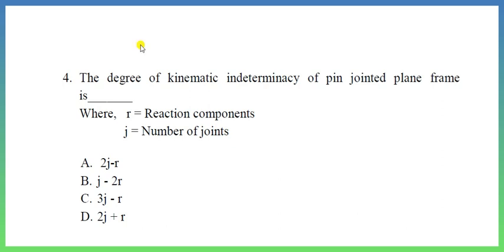Next one, the degree of kinematic indeterminacy of a pin jointed plane frame is option A 2J minus R, option B J minus 2R, option C 3J minus R, and D 2J plus R, where R is the reaction components and J is the number of joints.